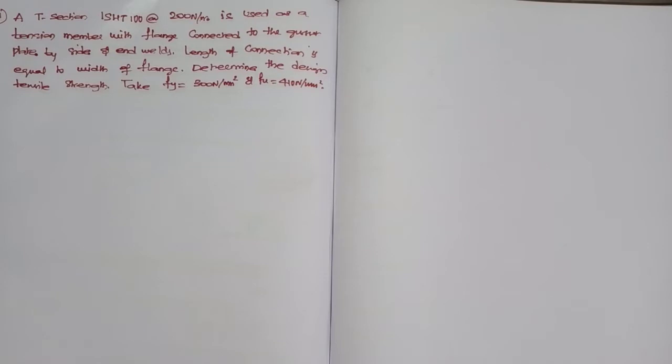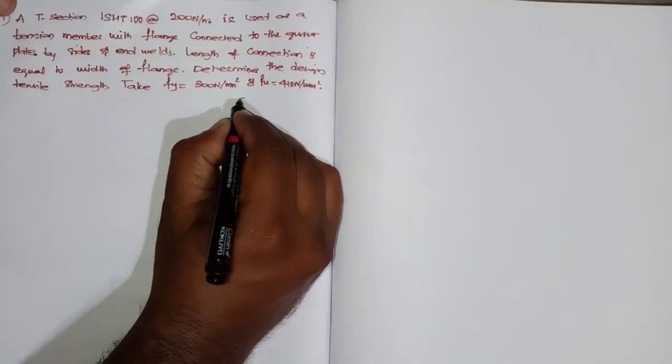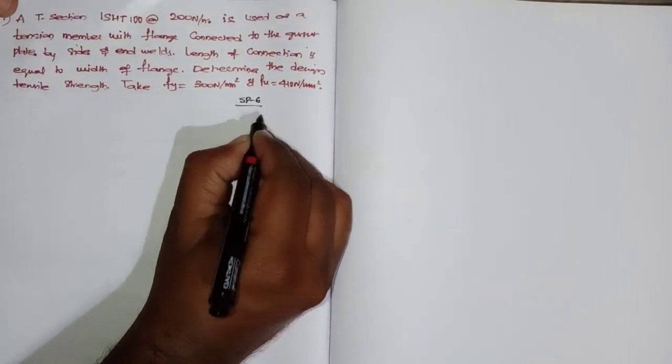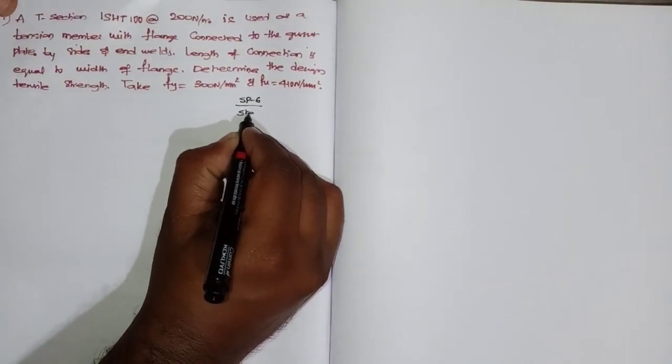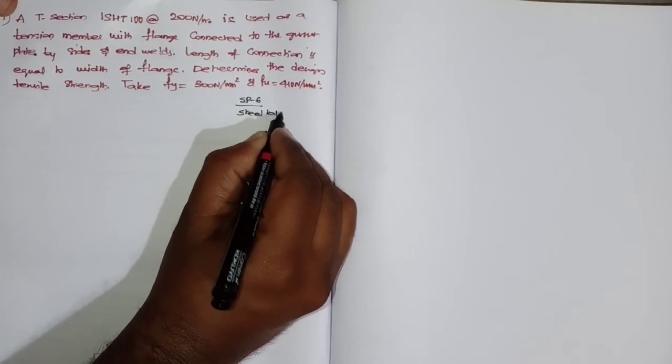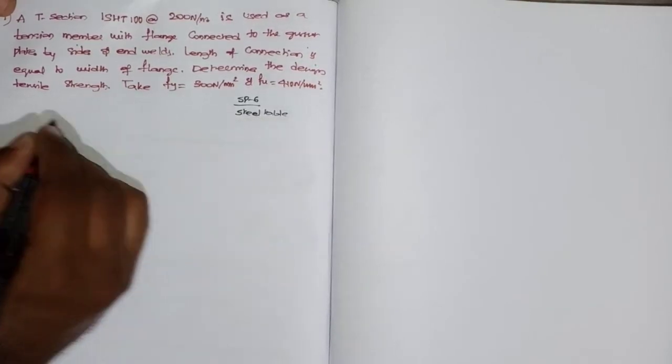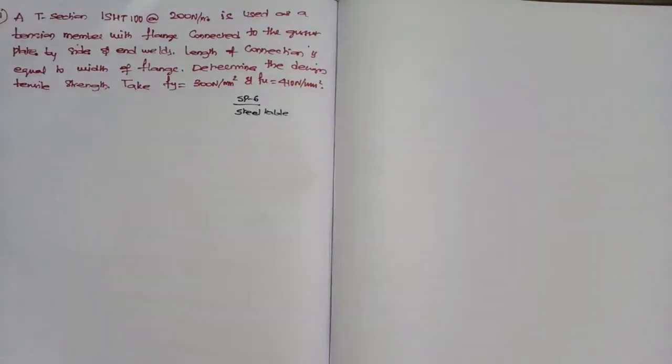Now for this, if I take SP6 or the steel table, both are the same, right? From the steel table, for ISHT 100, what does this 100 mean?